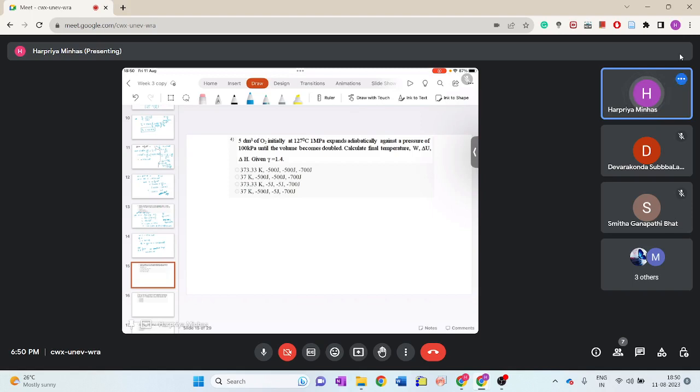Calculate the final temperature, work, del U and del H, where gamma is given as 1.4. Try to solve this and let me know the temperature first.